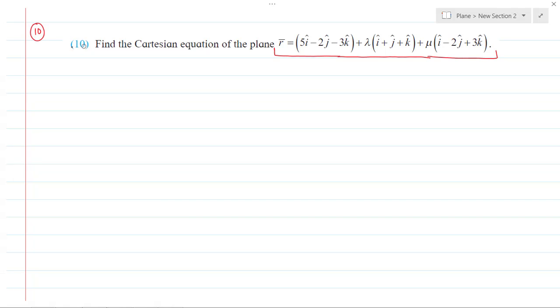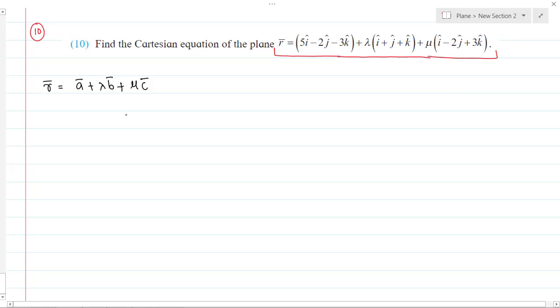It's a very good, basic question. After reading this question, you should remember the concept we studied in a previous video, that the vector equation of the plane passing through a point and having two vectors is given by r bar equals a bar plus lambda b bar plus mu c bar.